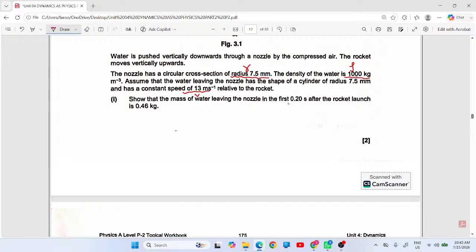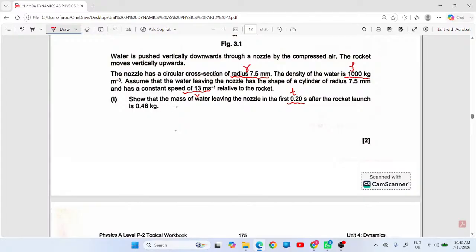Okay, the time is 0.20 seconds. So we have the radius of the nozzle, the density of water, and the time duration. We have to find the mass.